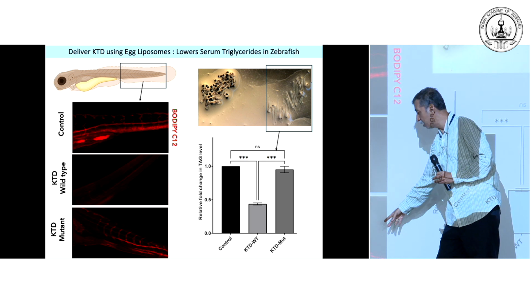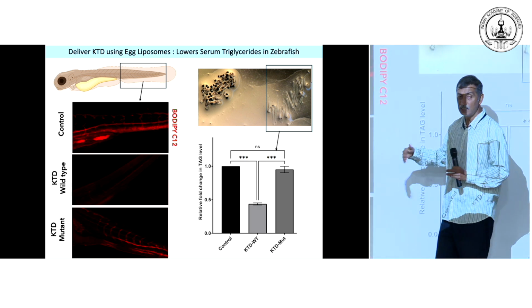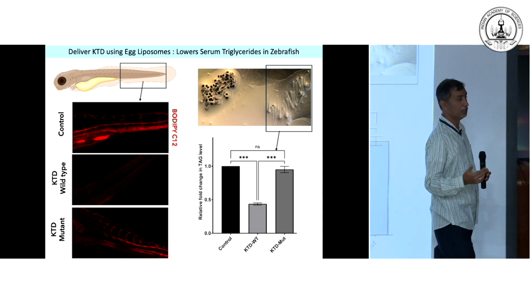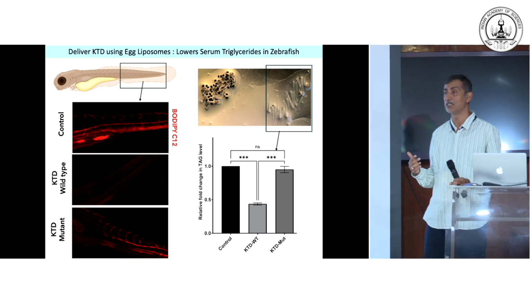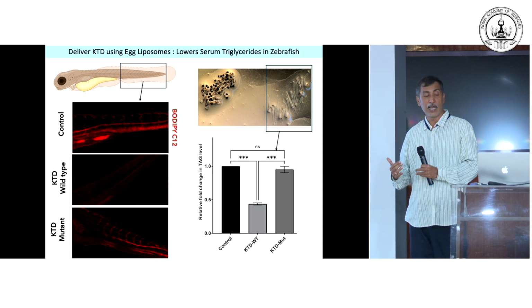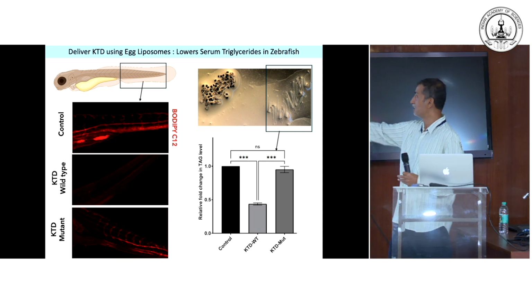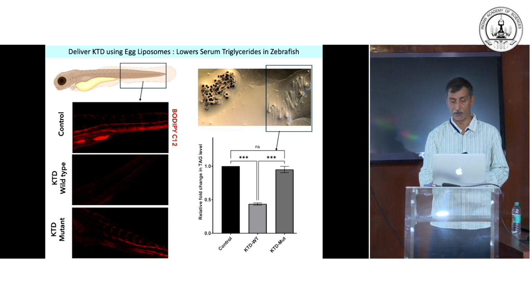When I add a mutant version which is not supposed to work, again you see recovery. So this is suggesting that the kinesin tail domain is able to block, at least to some extent, fat secretion from the liver into blood, and we have to take this forward. We will test this. We can test this biochemically also on large samples. I will not get into this.